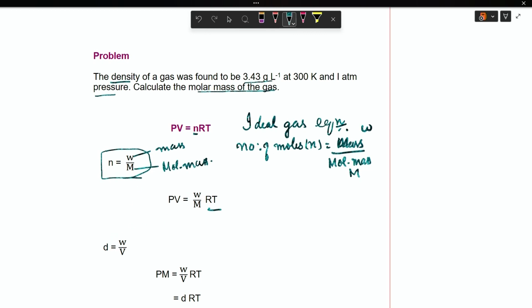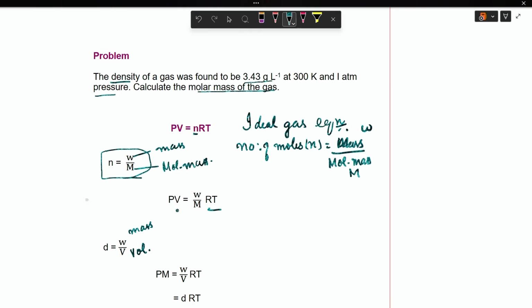What is density? Data is given, density is 3.443 gram. So, density means mass by volume. You have learned in school that mass by volume is equal to density. So, I am going to write the expression density is equal to mass by volume.